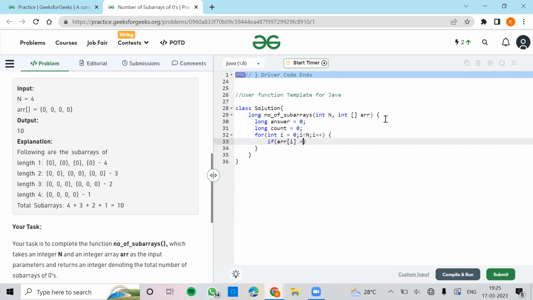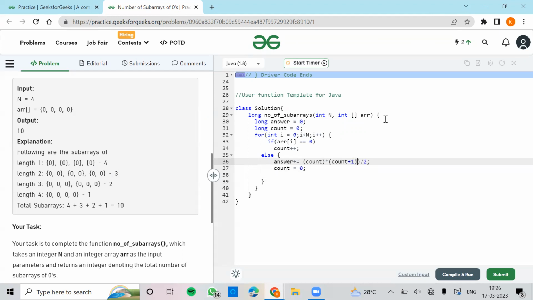If arr[i] is 0, then we increment the count, else we add the possible number of subarrays from the count. As I said, the answer would be count multiplied by count plus 1 divided by 2, and we will be using parentheses in order to give precedence.